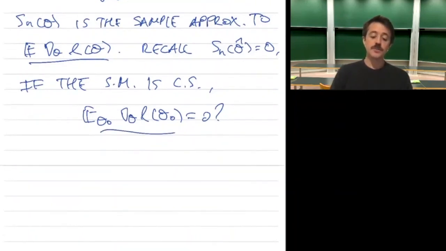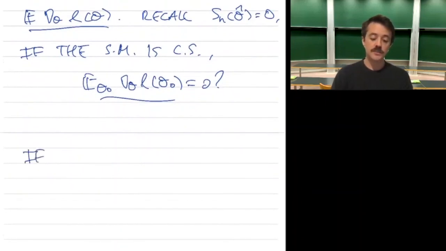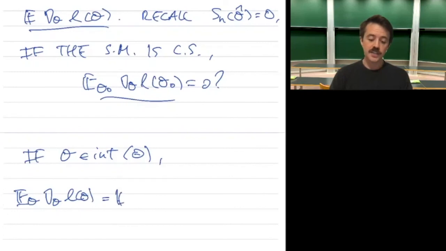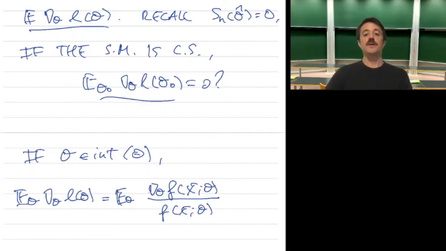To check if this is true, let's assume that theta is in the interior of the parameter space, then we can do the following calculation. The expectation under theta of the gradient of L theta, well, the gradient itself, thanks to theta being in the interior, is going to be given by the gradient of the PMF or PDF, divided by this PMF or PDF.